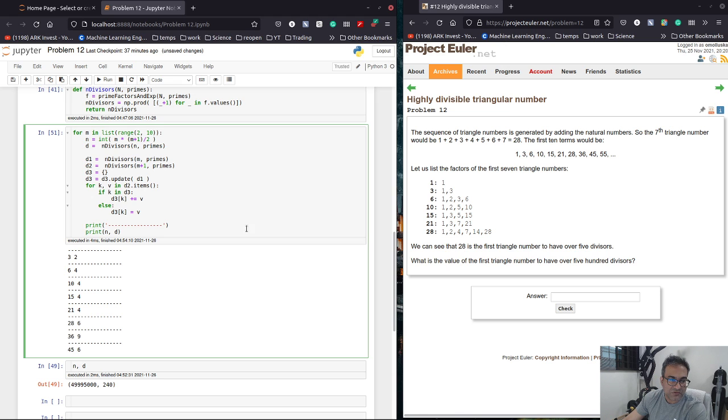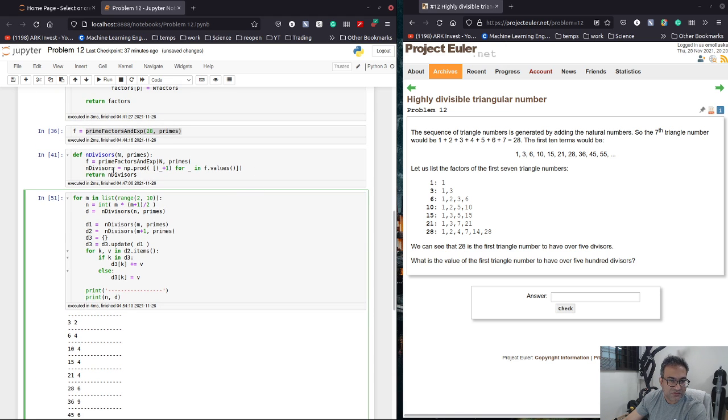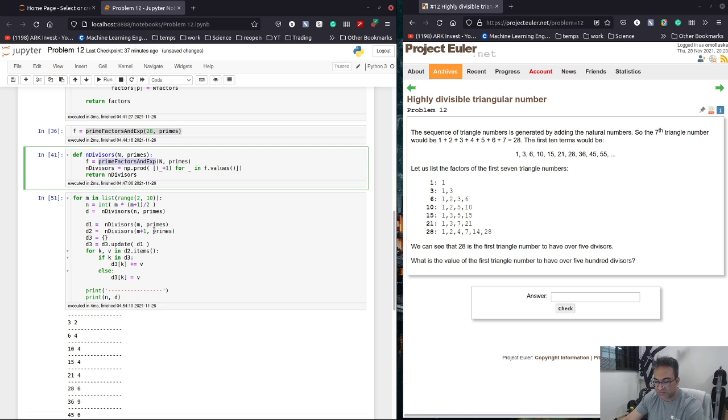I don't want the number of divisors, I want prime factors and exponents like that.